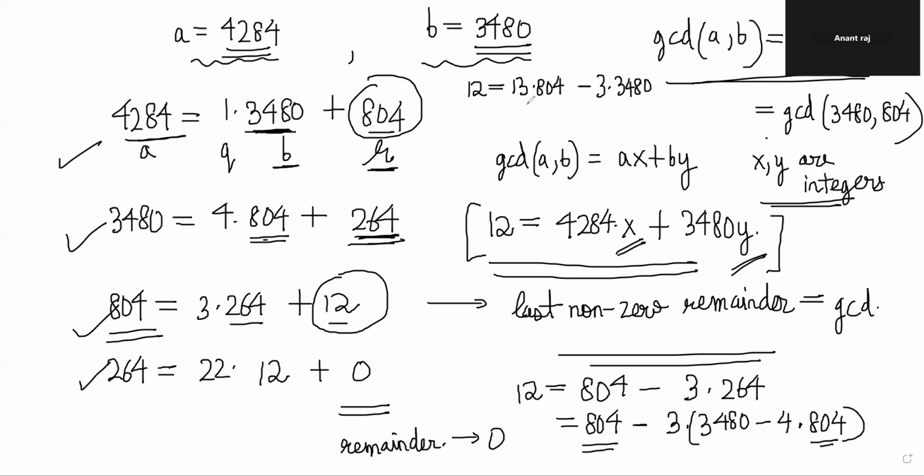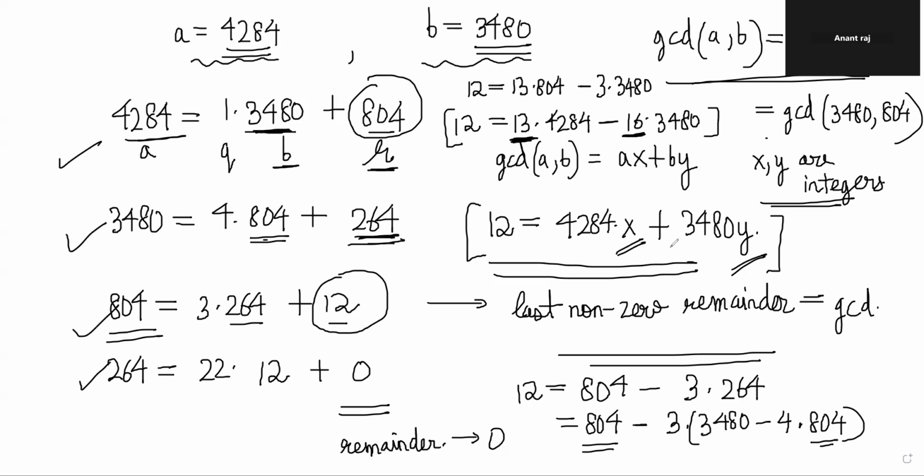And for 804, I will write 4284 minus this, right? So 13 times 4284 minus 13 times 3480, so minus 16 times 3480, right? So finally, we are able to recreate and say that 13 is X and minus 16 is Y.